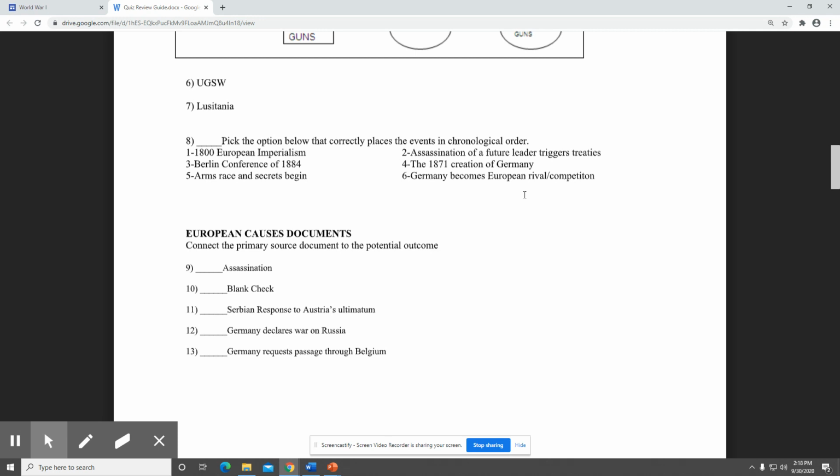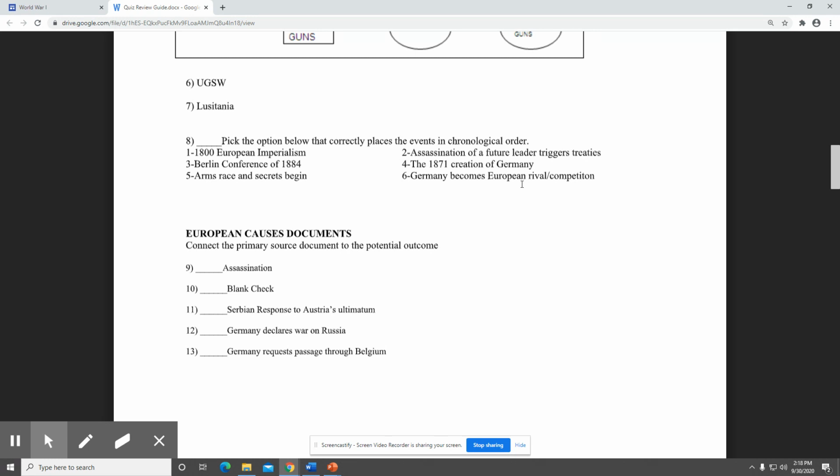So what has to happen next from this point? Okay, well, let's see. Look at 4 and 6. The 1871 creation of Germany, and then 6, Germany becomes a European rival slash competition. So that tells me that number 4 has to be before 6 because Germany has to be created before it can become a European rival.